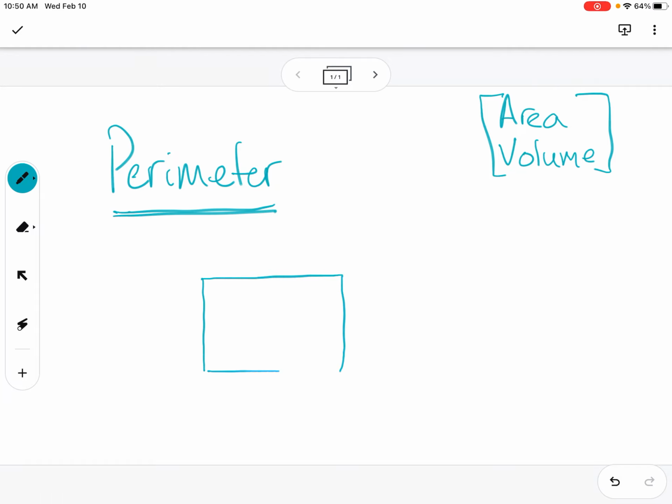So if this is a building and we have a security guard that needs to do a perimeter check, the security guard is going to begin at one part of the building, walk down this side, walk around that side, walk up this side, and the perimeter check will be complete when they get back to where they started.